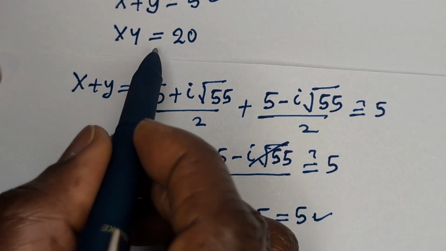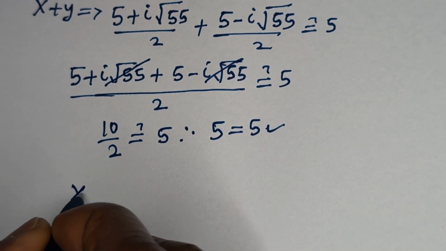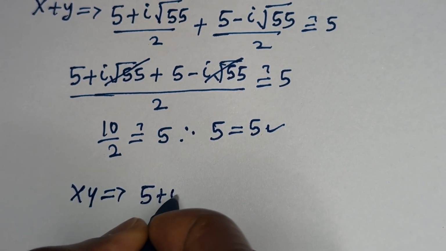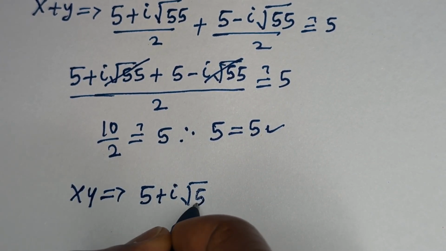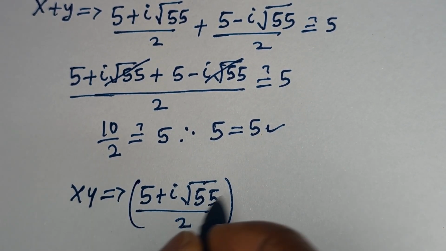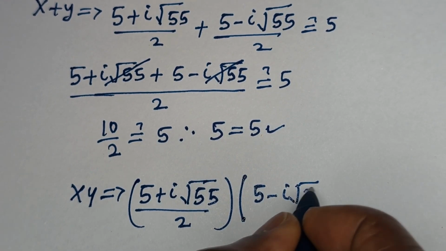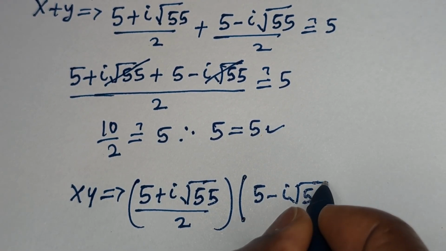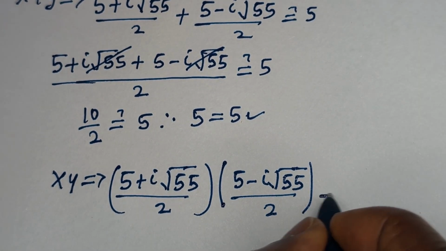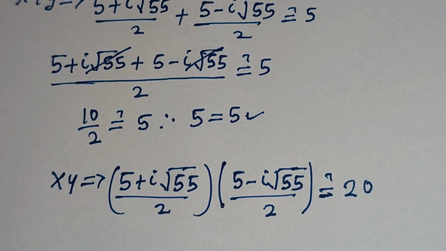Now let us consider this. xy, this is 5 plus i square root of 55 over 2 multiplied by 5 minus i square root of 55 over 2 must be equal to 20.